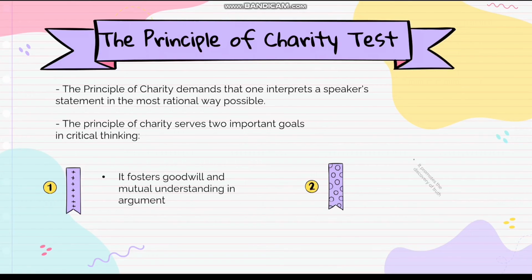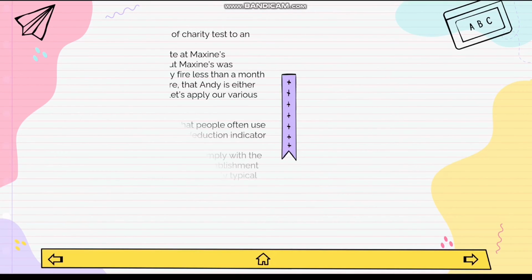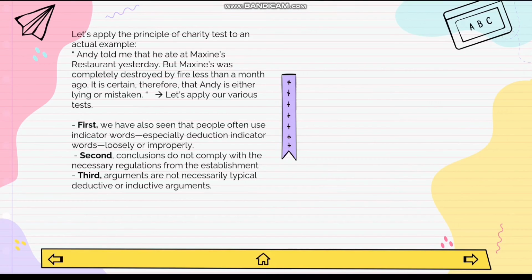Second, it promotes the discovery of truth by insisting that we evaluate arguments that we ourselves admit to be the strongest and most plausible versions of those arguments. Let's apply the principle of charity test to an actual example.